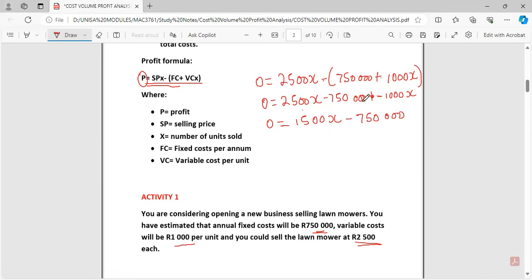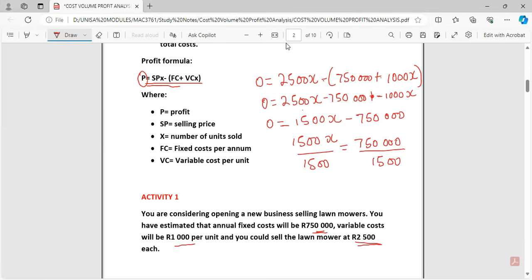So this one is going to be a minus, because if you say minus this one, it's still going to be a minus. So which means your equation is going to be 1,500 X over 1,500 is equal to 750,000 over 1,500.